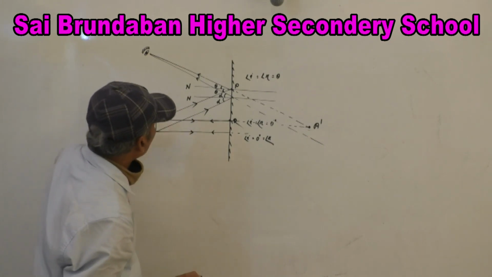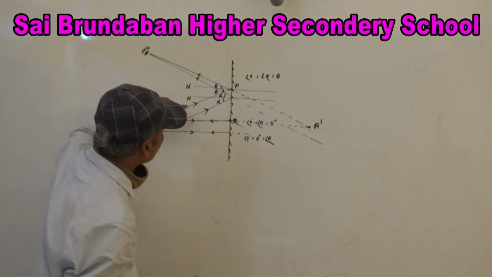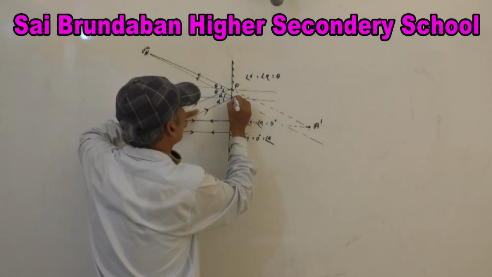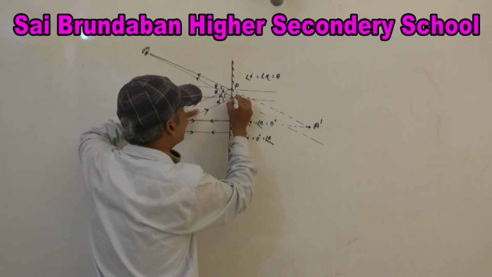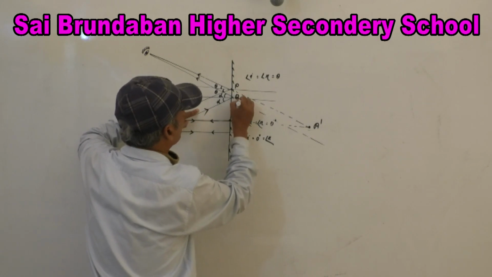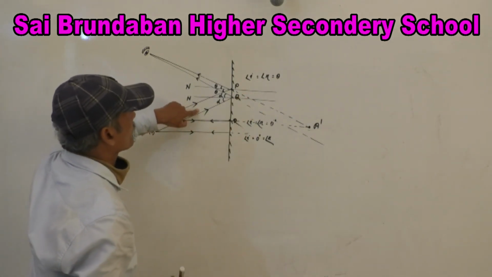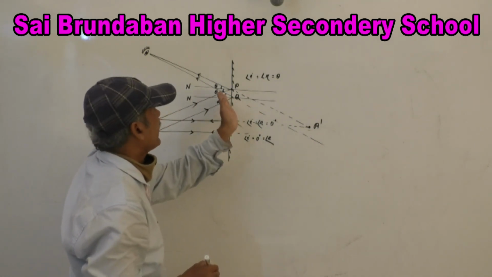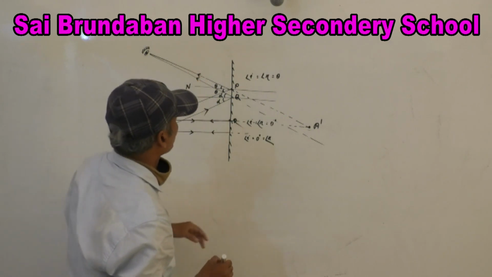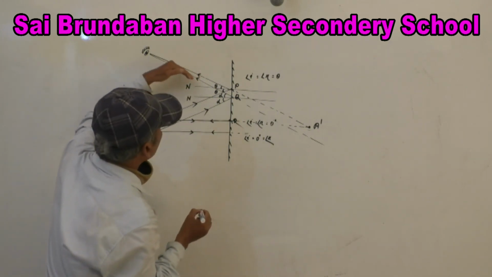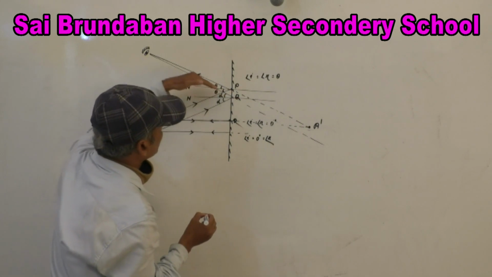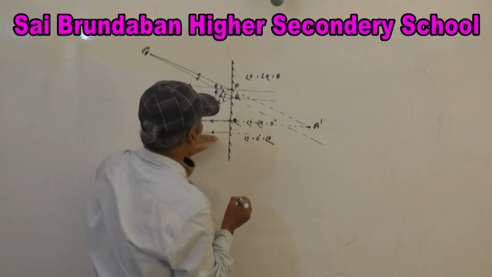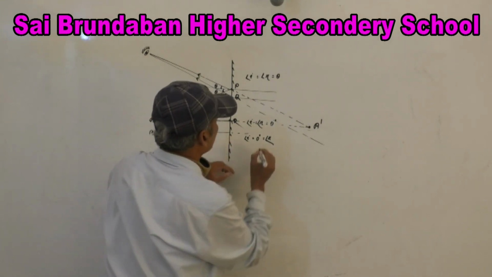And the next incident ray is this one. It hits the reflecting surface at Q and is reflected away from the normal. So now you extend this reflected ray, you draw the virtual lines, you also extend this reflected ray, you draw the virtual lines.